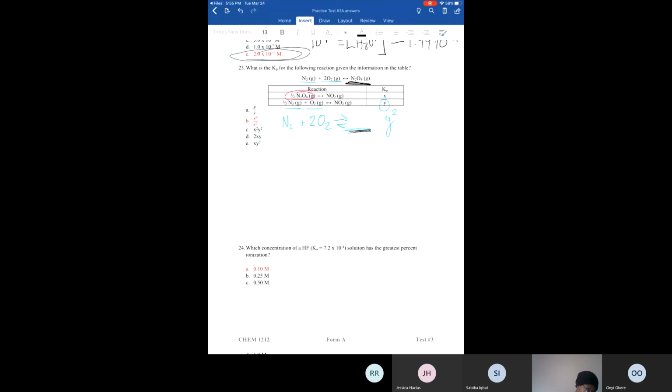I didn't multiply the NO2 concentration by 2. So it's 2 NO2. Okay, that changes everything. So you multiply this equation here by 2 and flip it. So you get 2 NO2 and N2O4. Whatever you do to the equation, you have to do to your equilibrium constant. So you flipped it.